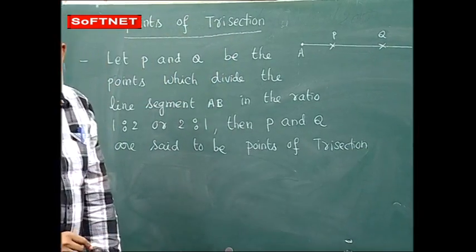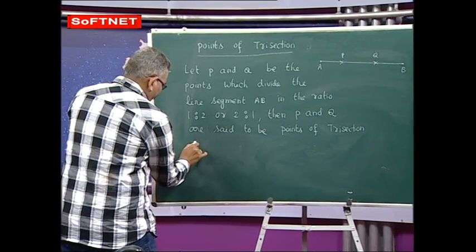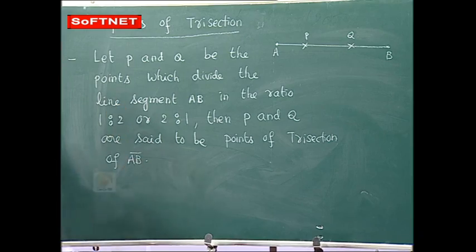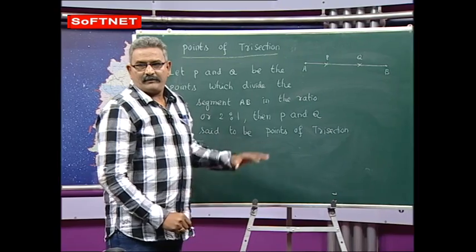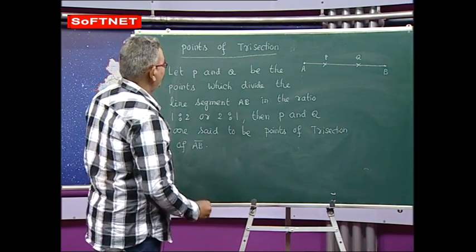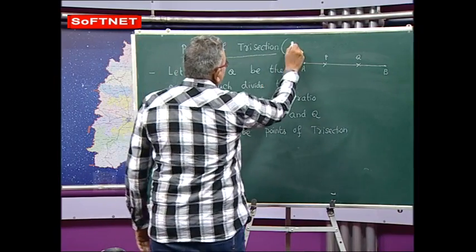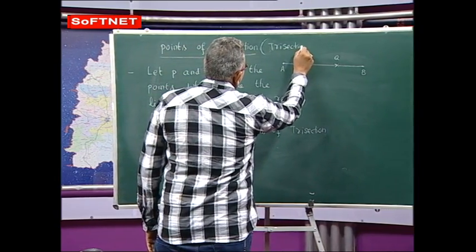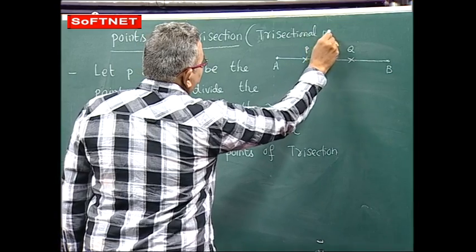Points of trisection are also called trisectional points.